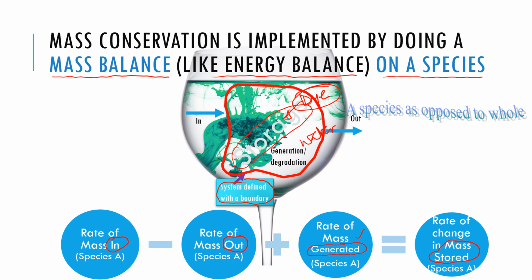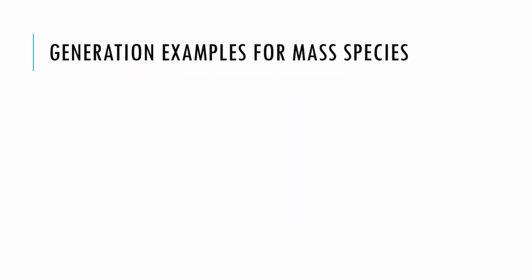The first one we want to look at is, what do we mean by mass generation? Here are two examples of mass generation. A mass doesn't have to be significant in weight or anything. It is just the amount of a particular species.